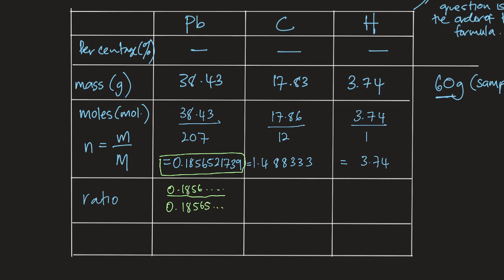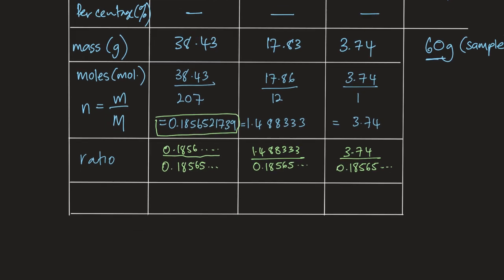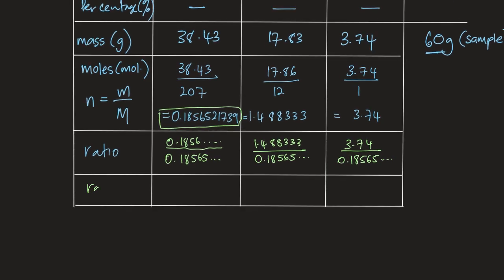Try and hold your decimals. 1.488333 divided by 0.18565. It's easy if you hold it on your calculator as well. Then 3.74 divided by 0.18565 and so on.